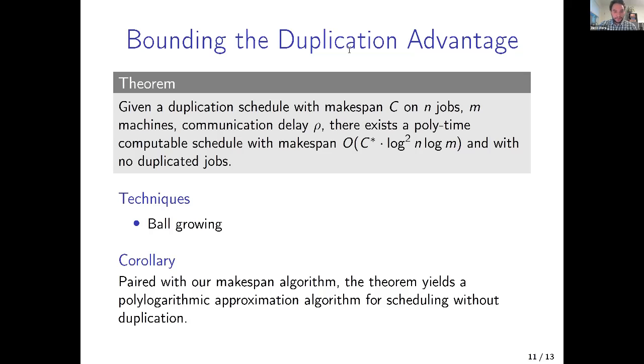The main technique in this result is a combinatorial ball growing algorithm that selects jobs that are then iteratively scheduled in successive rounds. And one interesting corollary to this theorem is that, coupled with our algorithm for makespan with duplication, we can actually achieve a polylogarithmic approximation for scheduling without duplication.